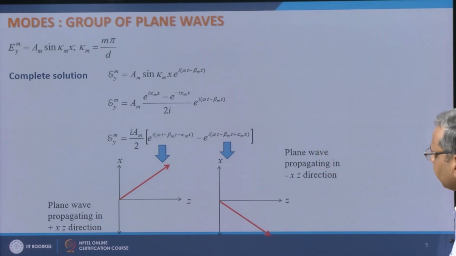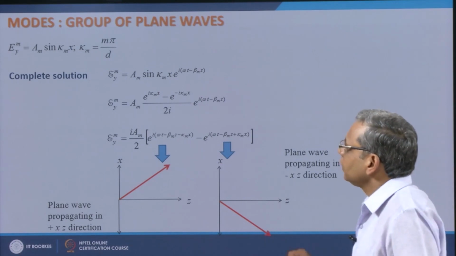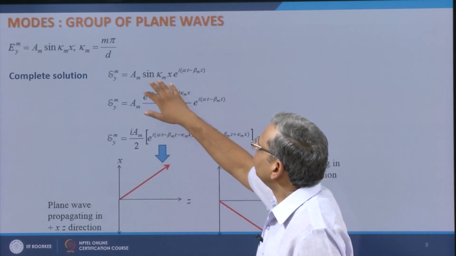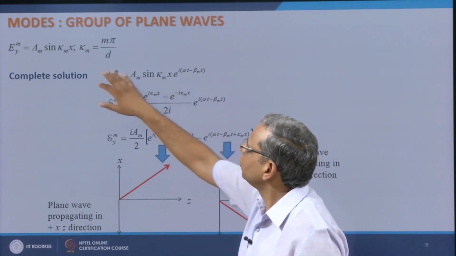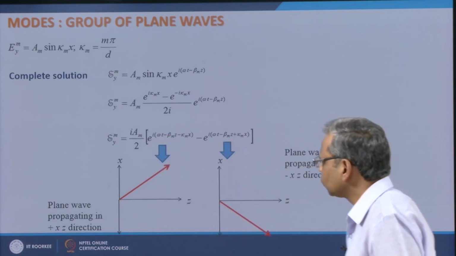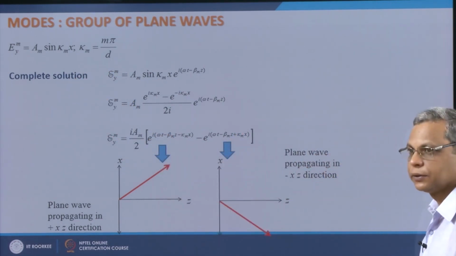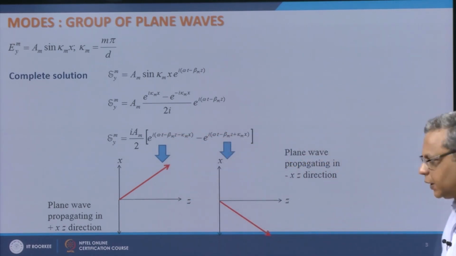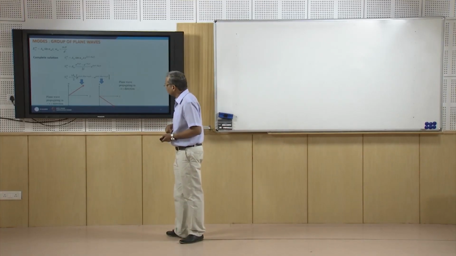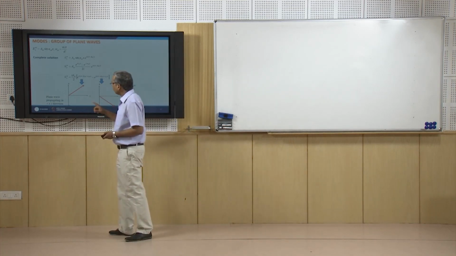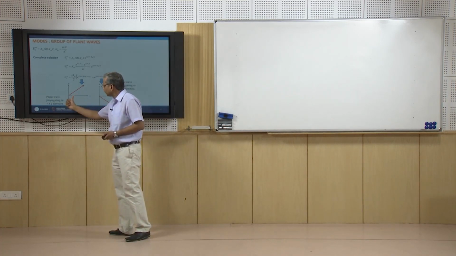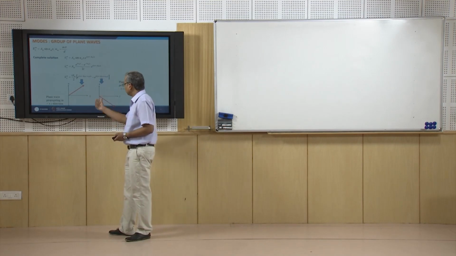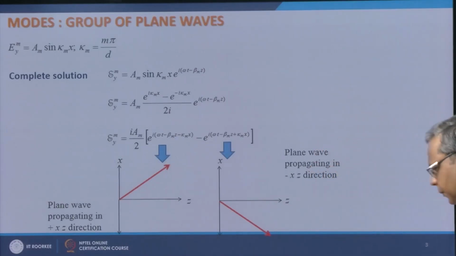So, what I have got is that this mode is nothing but the superposition of two plane waves with some phases, one propagating in this direction, another propagating in this direction.